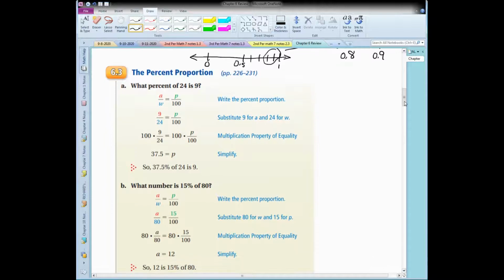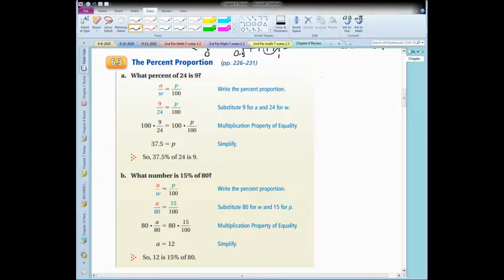Then we talked about the percent proportion, which is the part divided by the whole equals the percent written as a fraction. Okay, and this takes you through some good examples and tells you what to remember. So just remember, is and of.